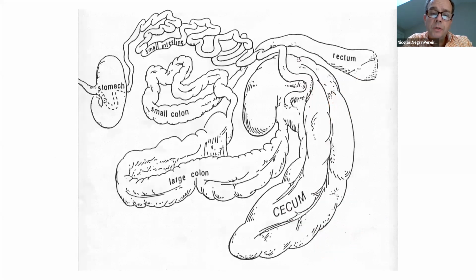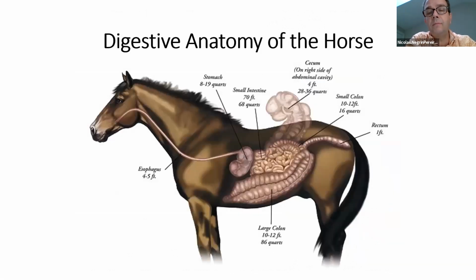microbial population. Here I have another diagram. You can see in proportion the huge cecum and the colon, mainly the colon. And this is also one of the reasons why these animals are so prone to colic, impaction and colic problems. In this diagram, we see what we call the anatomical reference or topographical anatomy, showing the actual place or the region where the large colon occupies in the horse.